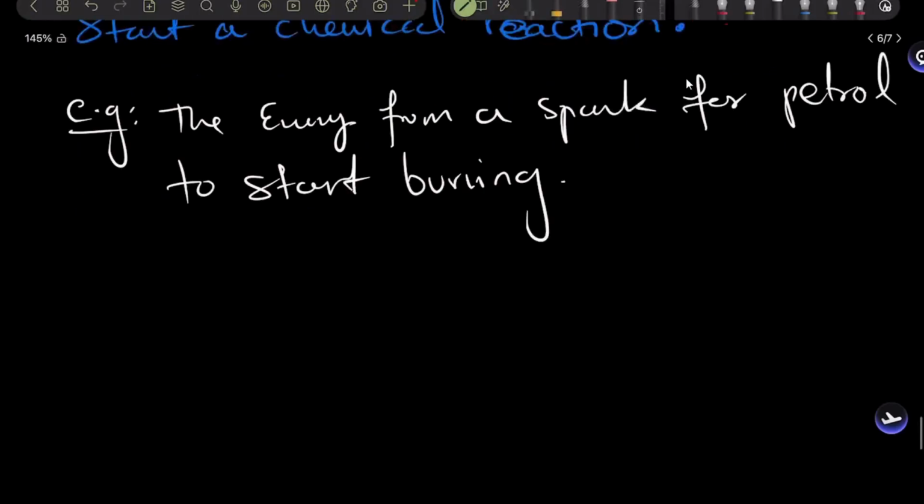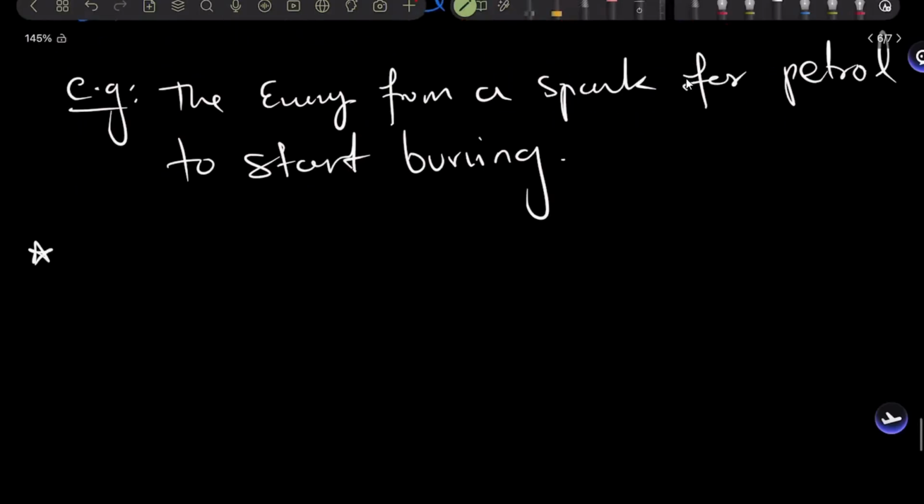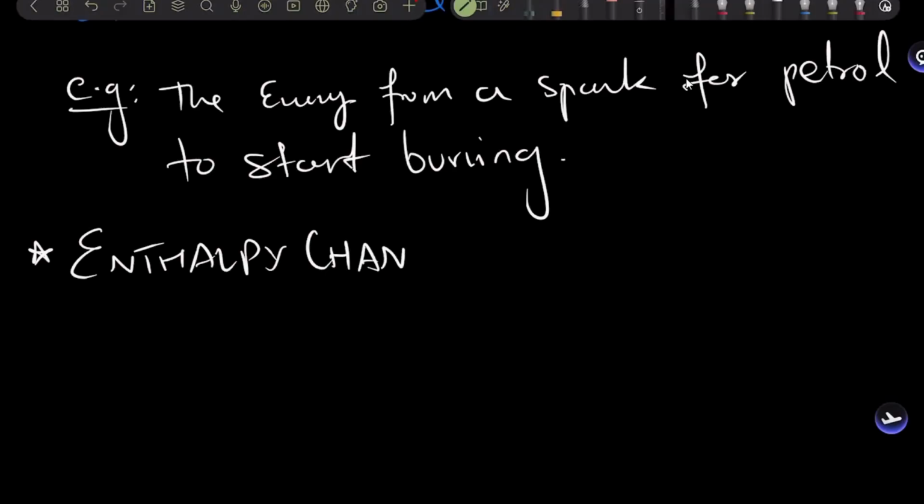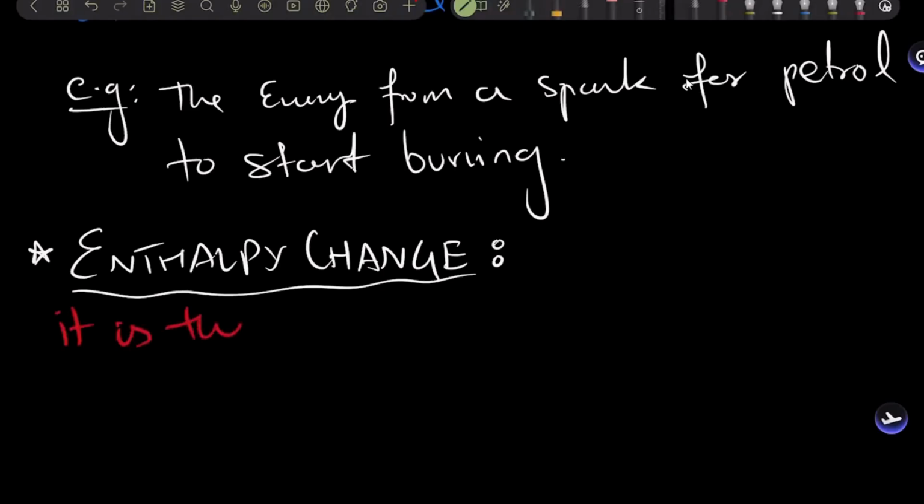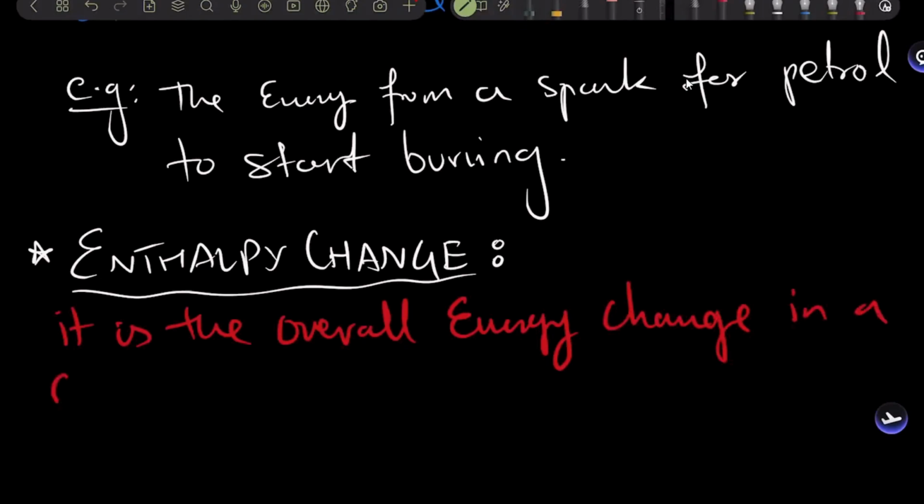All right. And the second one is the enthalpy change. In simple words, it is the overall energy change in a chemical reaction.